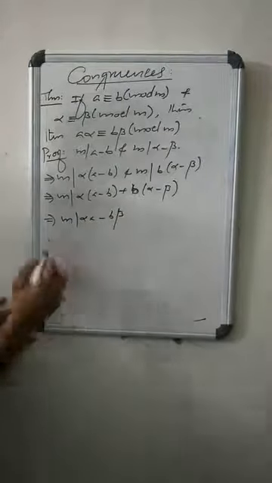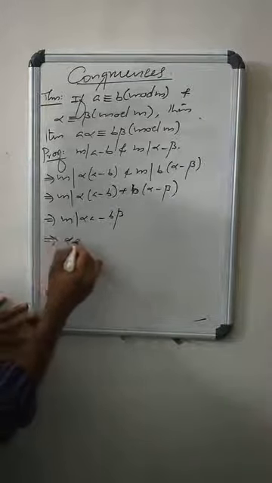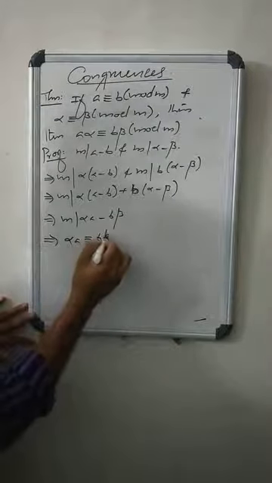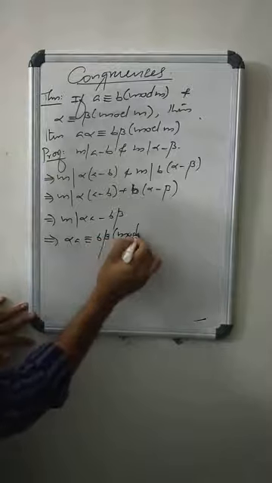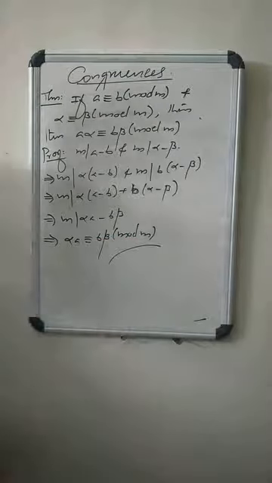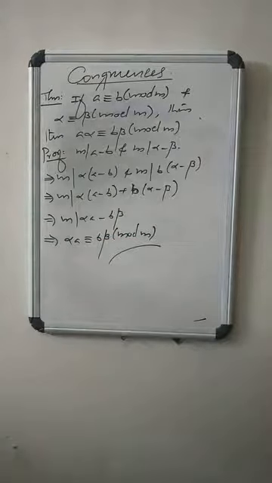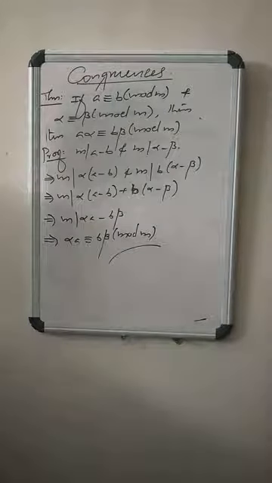M divides alpha a minus b beta means alpha a is congruent to b beta mod M. So if a is congruent to b mod M and alpha is congruent to beta mod M, then a alpha is congruent to b beta mod M. This is the second result.